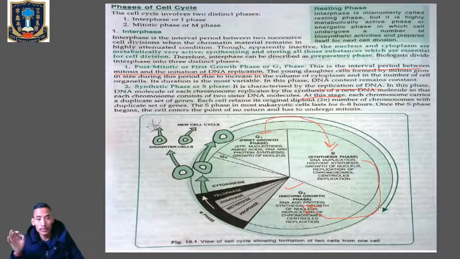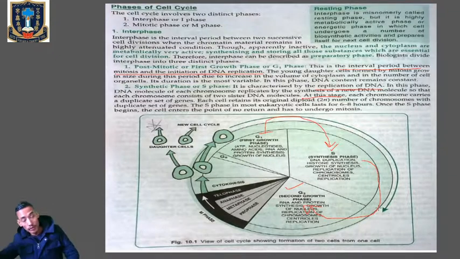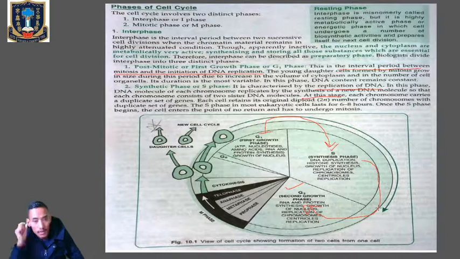The first growth phase, or G1 phase, is the time interval between the mitosis and the initiation of DNA replication, and during this phase the cell will grow in size by increasing the volume of its cytoplasm and the number of its cellular organelles. Here the DNA does not replicate, but when the cell goes from the G1 phase to the S phase, the DNA undergoes replication and retains its diploid number of chromosomes.